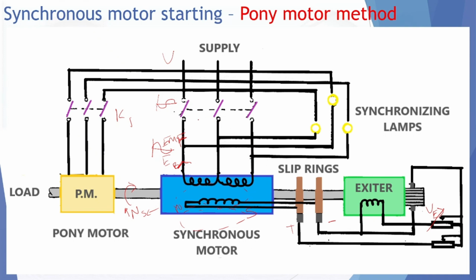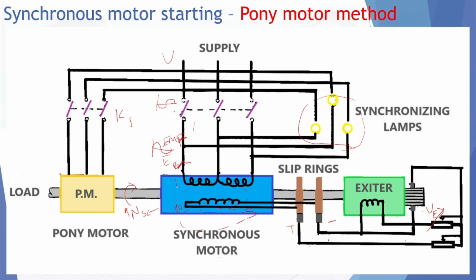and you can keep closing the breaker. So you have to use a synchronizing lamp arrangement, an external synchronizer, to make sure that when you are closing this breaker, the back EMF and the supply are in phase. Once it is confirmed that they are in phase, you can close this breaker.